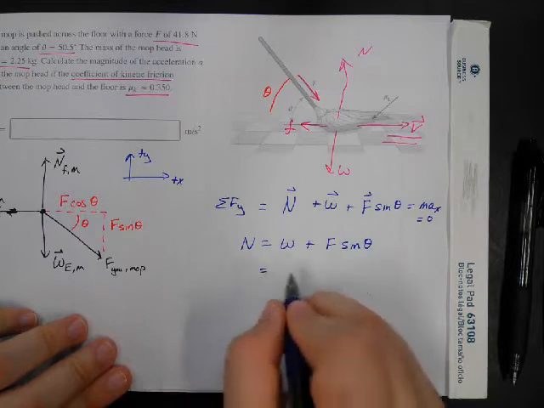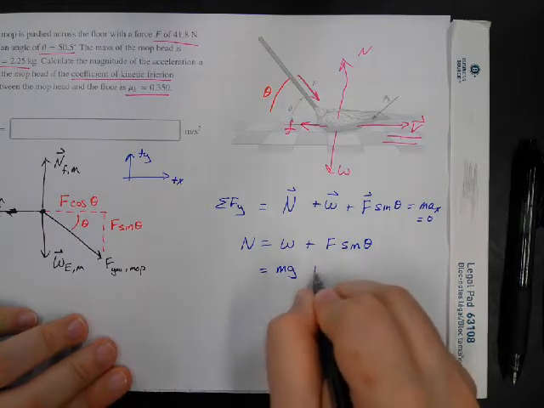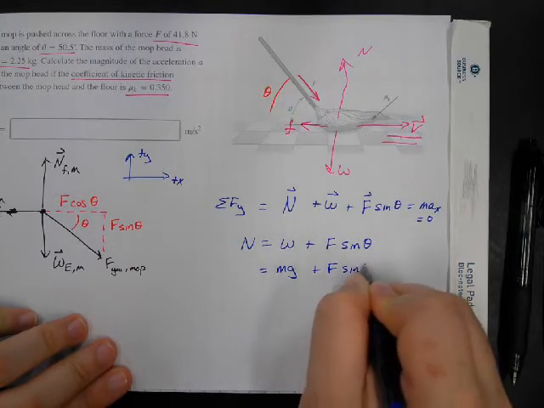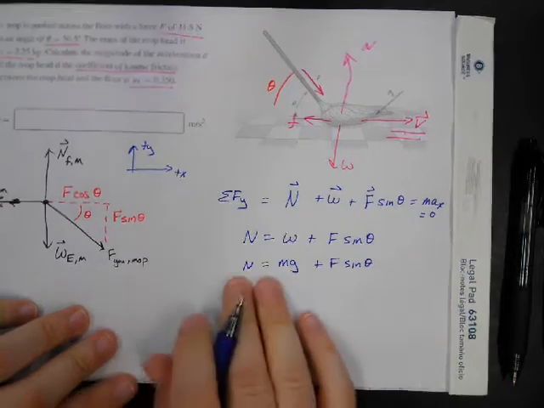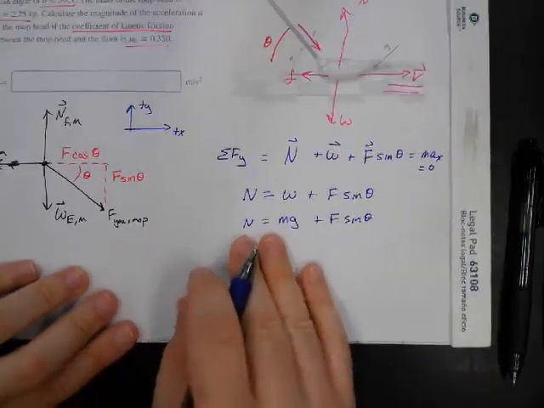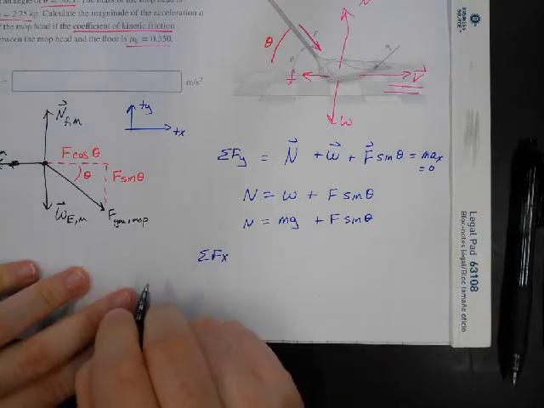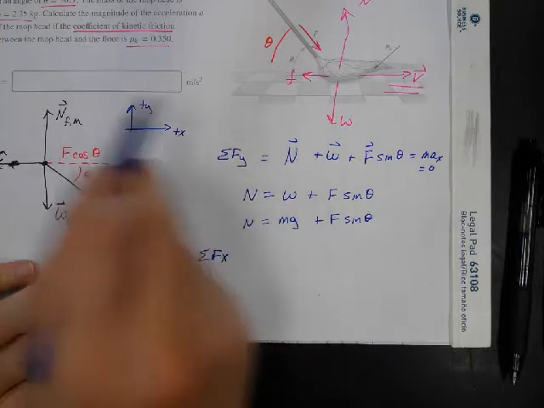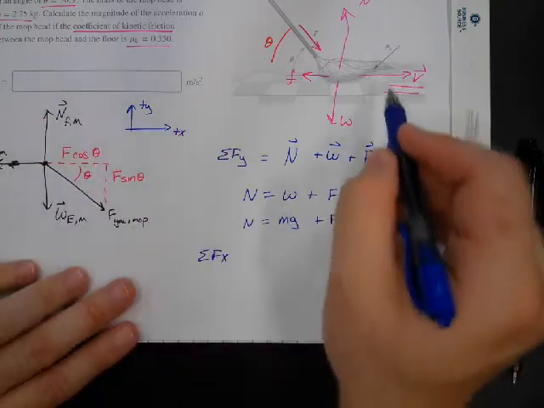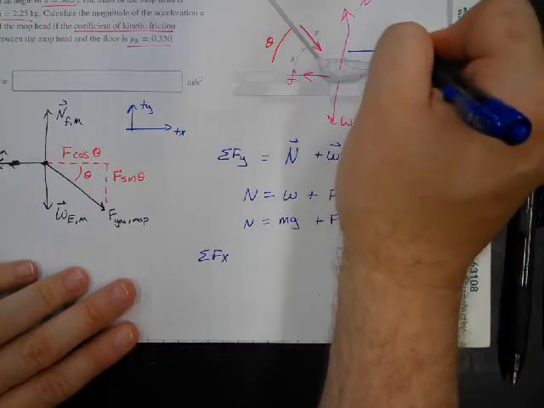And so we can write in, that is mass times g plus F sine theta. That's our normal force. Now we do the sum of the forces in the x direction. So this is the one that's going to have the acceleration that's actually happening, the acceleration across the floor.